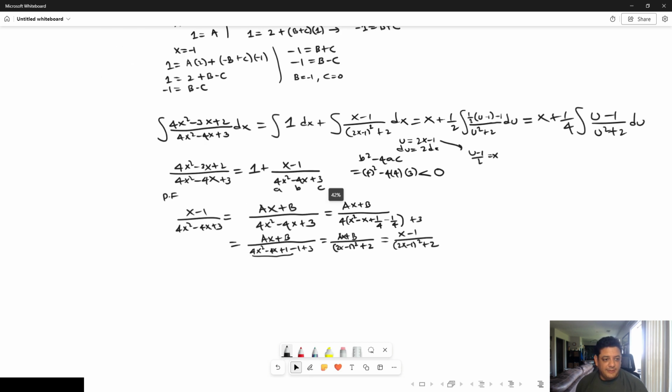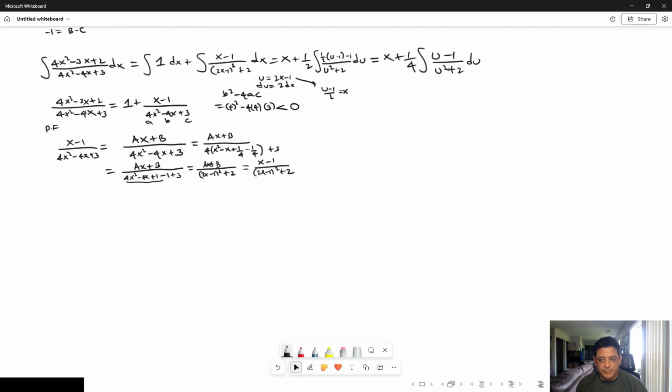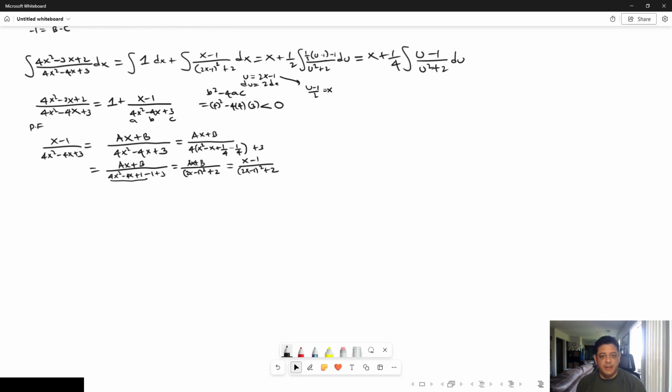This integral by itself proves to be a little bit more cumbersome. So let me separate this part.